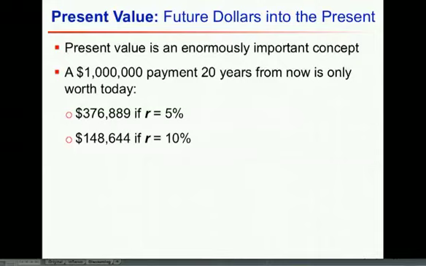If the discount rate is 10%, it's worth less than $150,000. You'd rather have $150,000 today than $1 million 20 years from now. So particularly when you have projects that project out over a long stretch of time, discounting becomes very, very important.